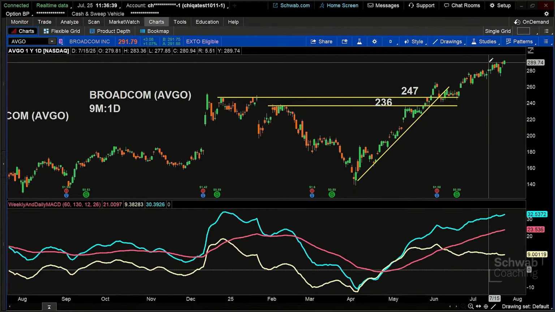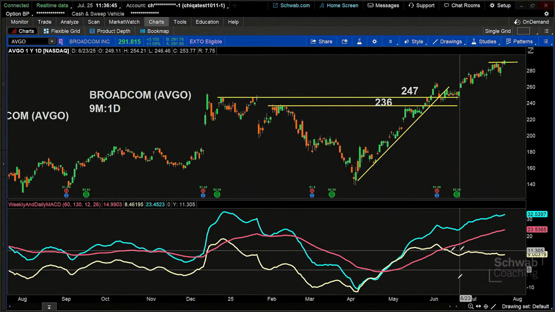But notice what's going on. I wanted to show you the contraindication here because we have the combination of the two moving higher. We have the longer term moving higher, but what we do not have is the confirmation of the daily momentum yet. It has not yet turned higher.